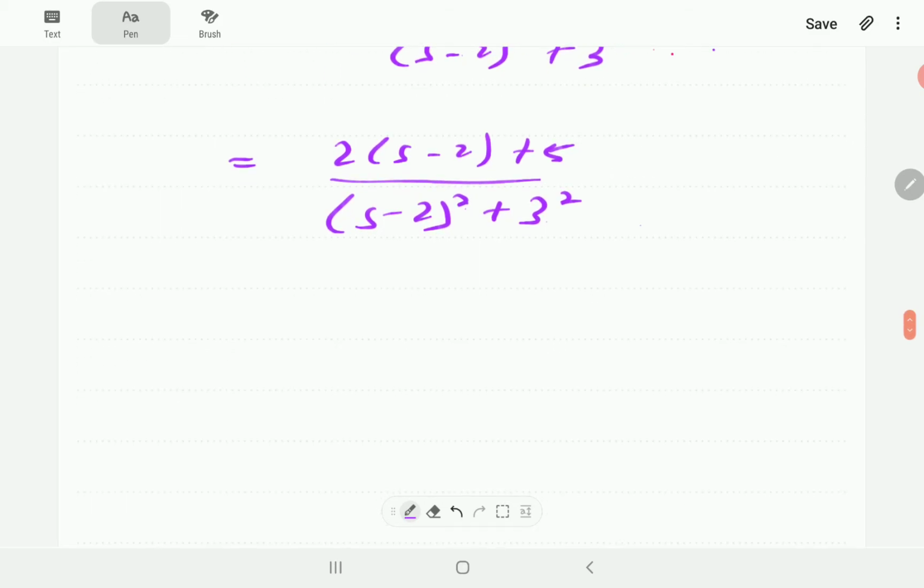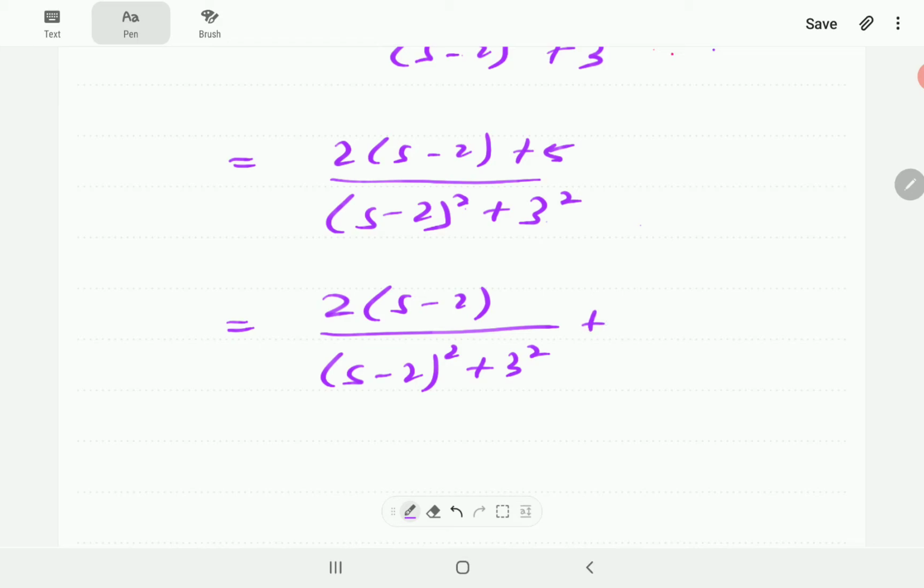At this point we use the distributive property of division and write this as 2 fractions. The first is 2 times s minus 2 standing alone, and the other fraction is 5 all over the same thing.